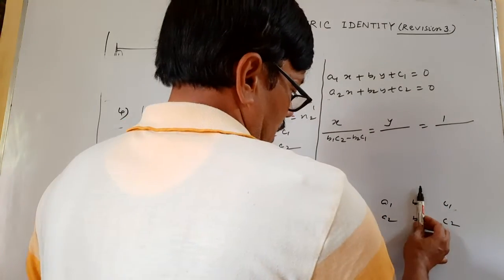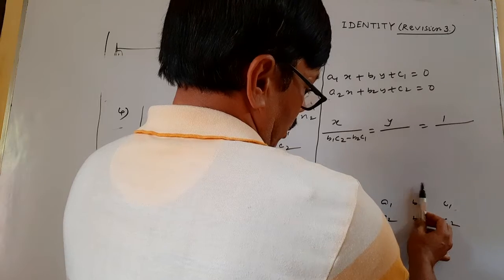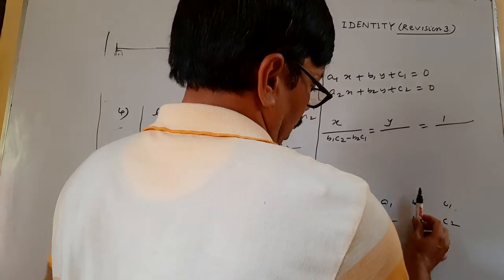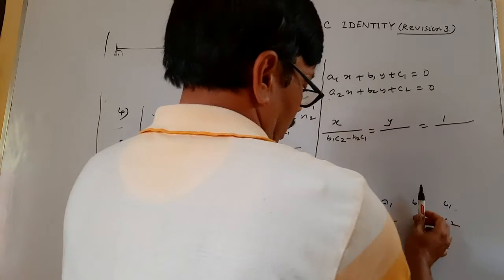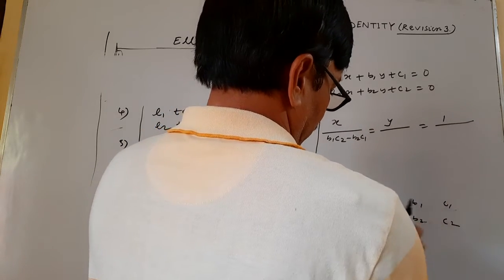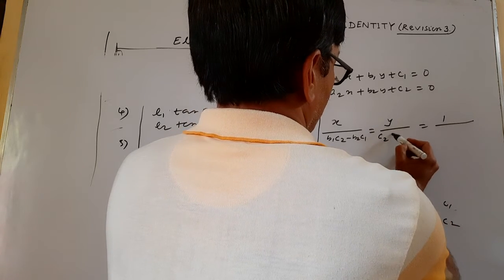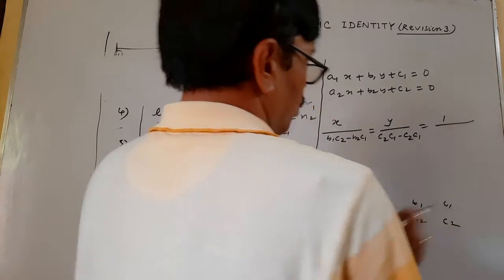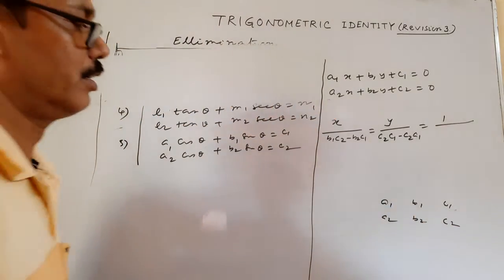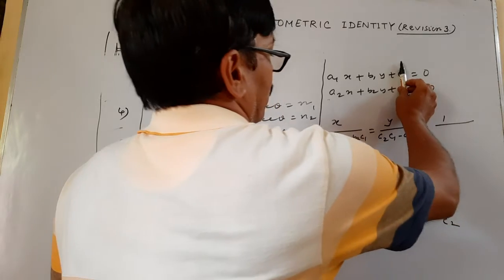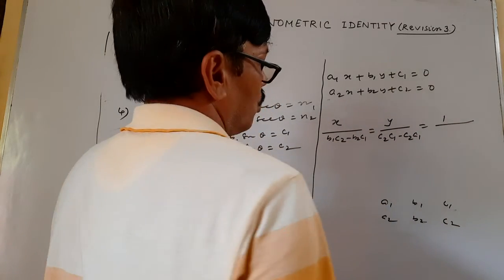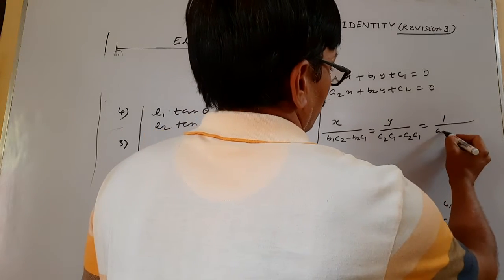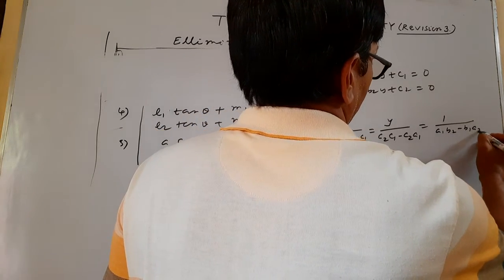For y, this portion is absent, and for the middle one, if it is plus y, then we multiply this term first. So a2 c1 minus c2 a1, and for 1, this part is absent, a1 b2 minus b1 a2.